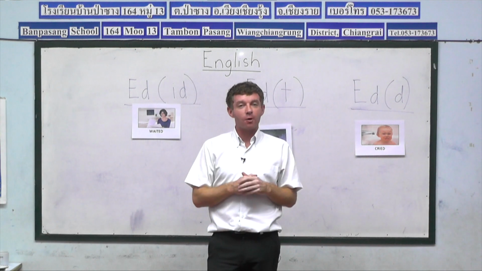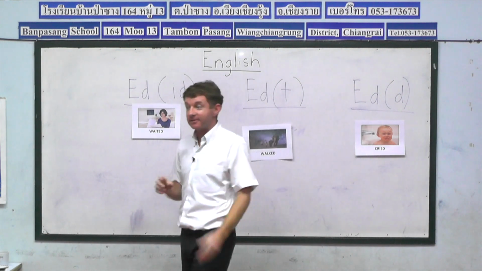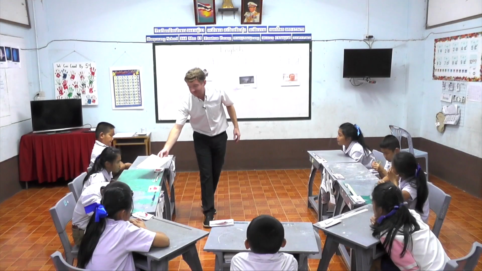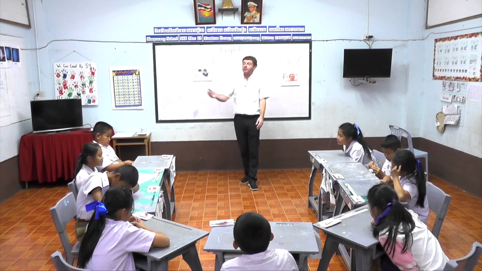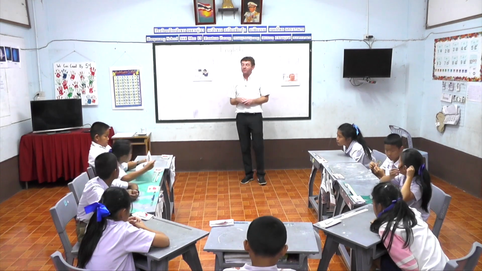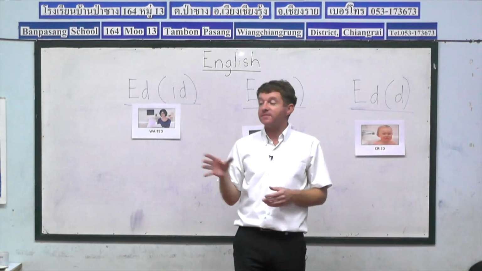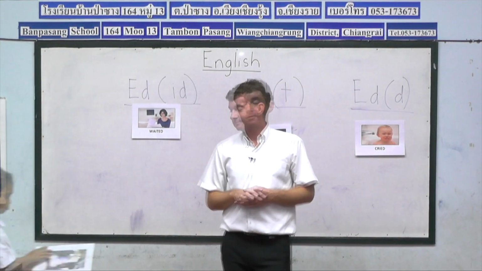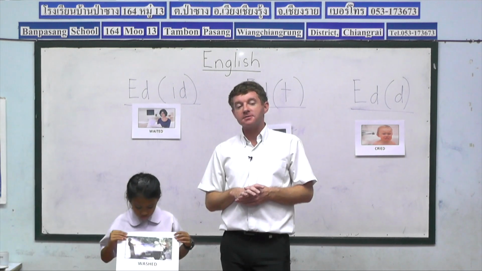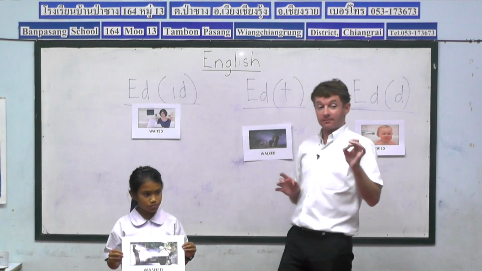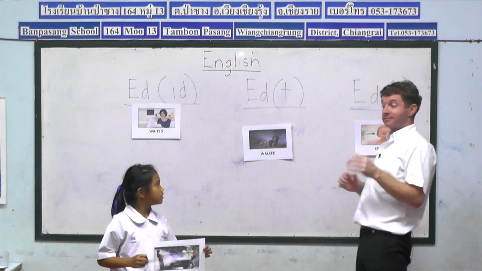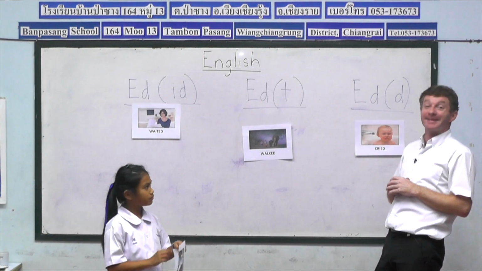And then we'll carry on going till we run out of cards and run out of students. And the next flashcard is with Pak Bung. So Pak Bung, come and bring your flashcard to the front of class and tell us the word that you have on your flashcard. What past tense verb? Washed. What do we think? Yes.